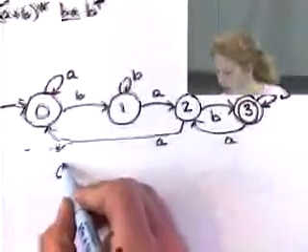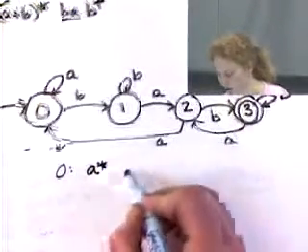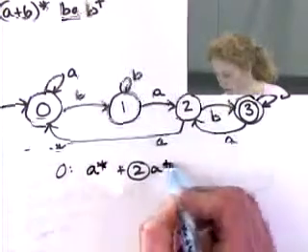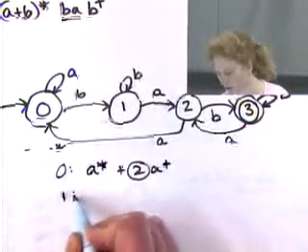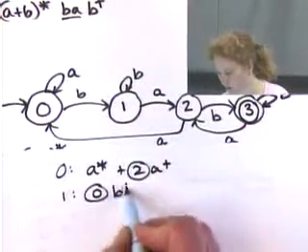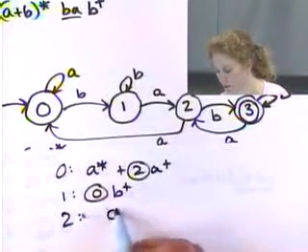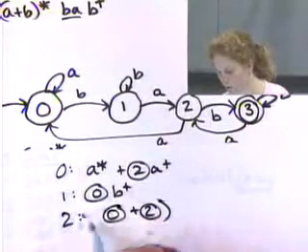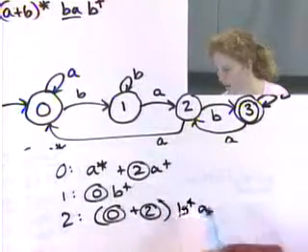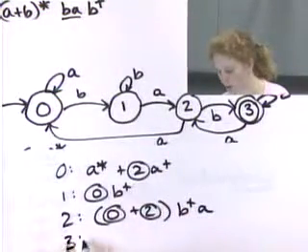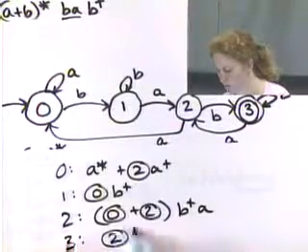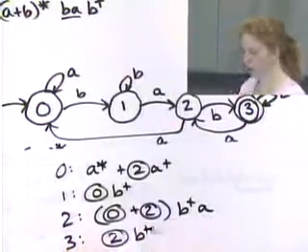I'm going to write these again. We've got now that 2 is either 0 or 2, B plus A. And now for 3, if we just go back to that, it's 2 and a B plus.